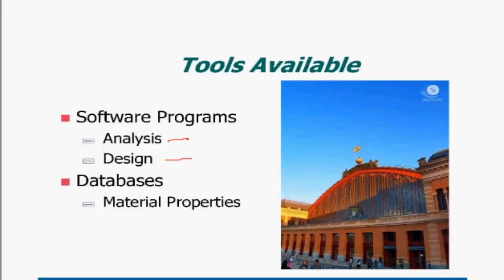Then any software can provide us the sections, such as the section of reinforced concrete or the hot rolled section if we talk about steel structures. Why? Because there is a database inside the software about the material properties of steel and concrete. According to this database, it is easy to define the design of the structure element itself. So the software is most traditionally used in structure analysis.